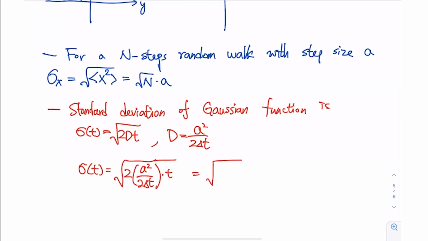Okay, so we just finished this simple algebra. What we found is that this thing is square root of t divided by delta t, times a. And t divided by delta t is how many steps have been performed in this macroscopic process. So this thing is basically square root n times a.